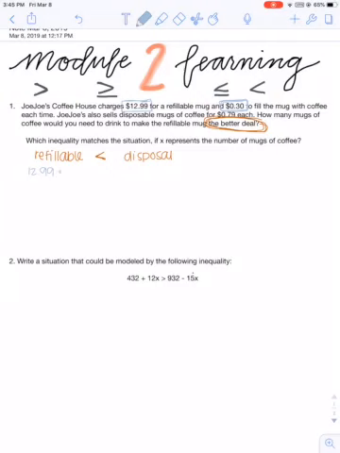And then we're adding to that cost because we're paying JoJo's Coffee House more money. And it's 30 cents per mug. And I'm just going to use M for mug. So every time you refill the mug, that's another 30 cents. So we have our refillable expression. We already know our inequality symbol because we want the refillable to be the better deal. We want it to be cheaper.